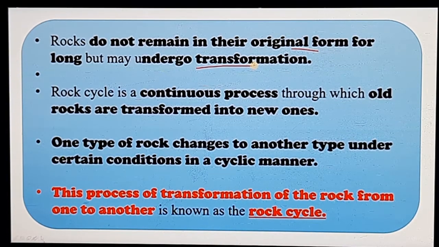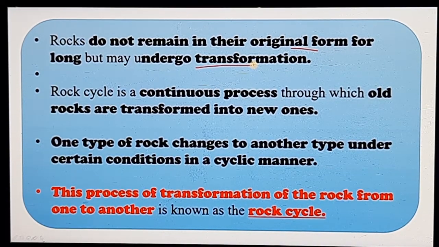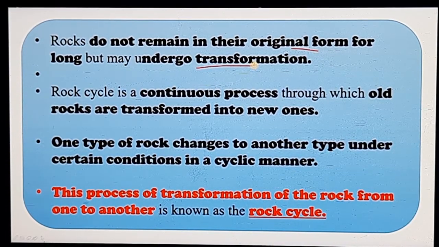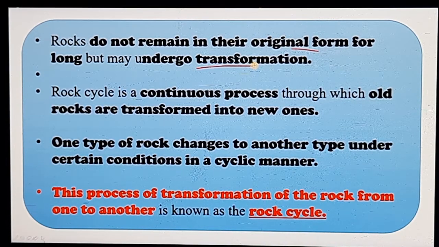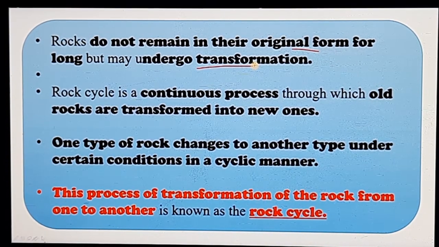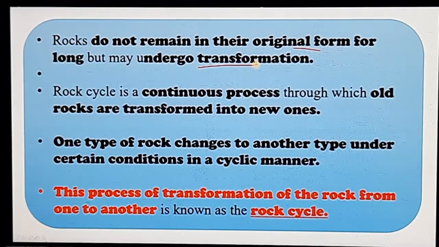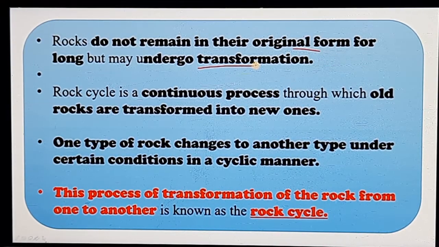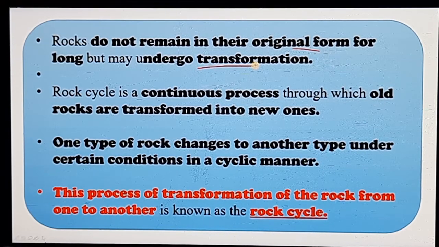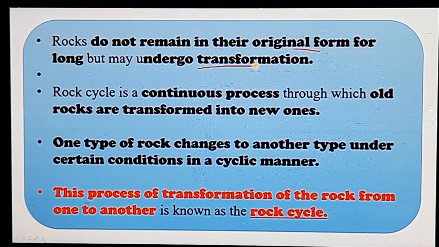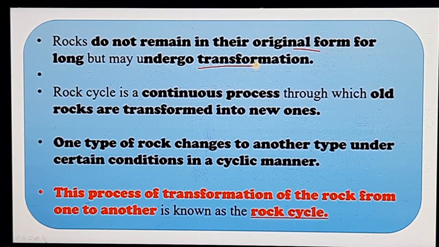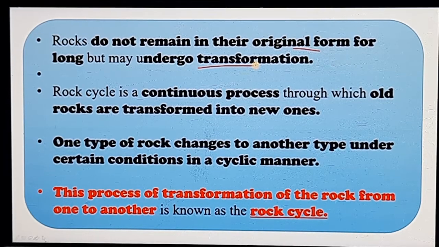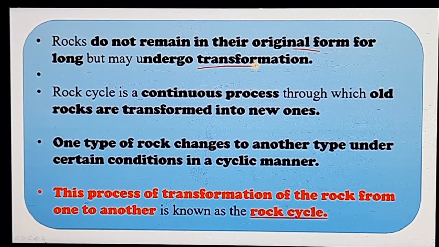So what do you understand by rock cycle here? The process of transformation of the rock from one to another is known as the rock cycle. One type of rock changes to another type under certain conditions in a cyclic manner. So it happens in a cyclic manner.